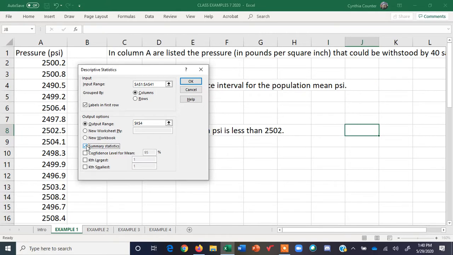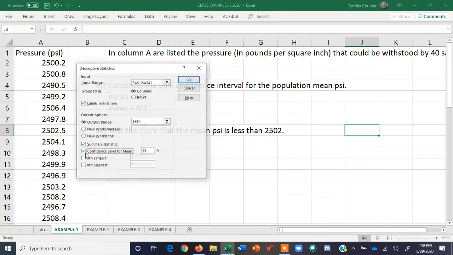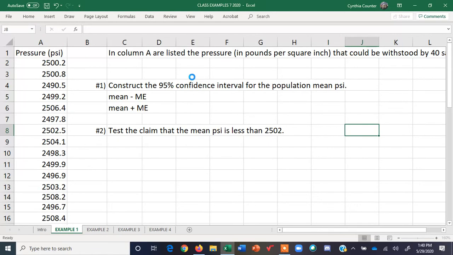I want to make sure I tell Excel to compute for me all the summary statistics as well as the margin of error. Remember, this output here, confidence level for mean, will give the margin of error for whatever level of confidence you put here. We're doing 95% level of confidence, and this is the default. Once you have all this filled in and selected properly, click OK.